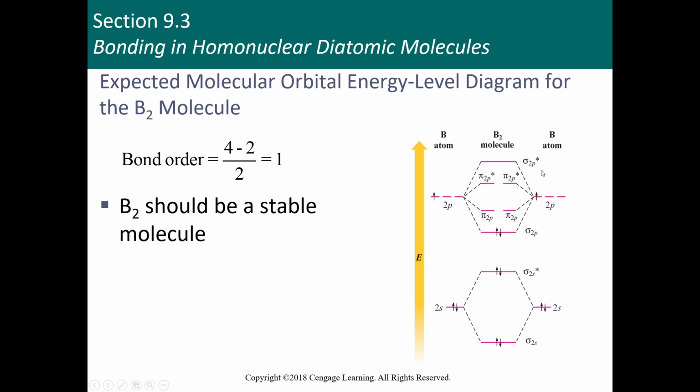Each of these has one electron, because boron is the first one in the p block, so it has one electron each. So we will fill in the lowest energy, which is our sigma bonding orbital, and this will be an up and a down, which is our 2 electrons, and so that's it. We're done. We don't have any more electrons to put in here.